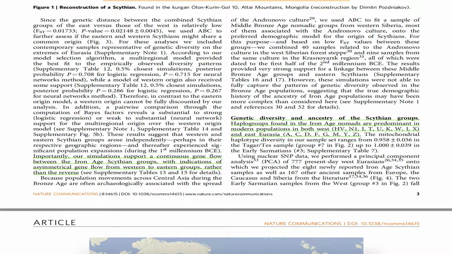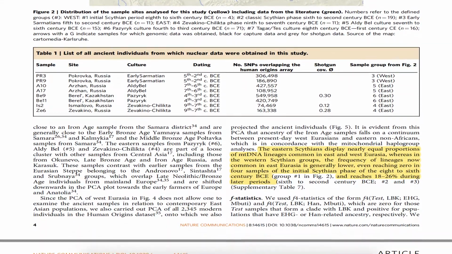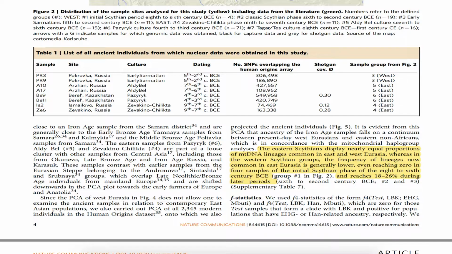Our genetic diversity and ancestry of the Scythian groups, haplogroups found in the Iron Age nomads, are predominant in modern populations in both West, HV, N1, J, T, U, K, W, I, X, and East Eurasia, A, C, D, F, G, M, Y, Z. Alright, it says the Eastern Scythians display nearly equal proportions of mtDNA lineages common in East and West Eurasia, whereas in the Western Scythian groups, the frequency of lineages now common in East Eurasia is generally lower, even reaching 0 in 4 samples of the initial Scythian phase of the 8th to 6th century BCE and reaches 18 to 26% during the later periods.